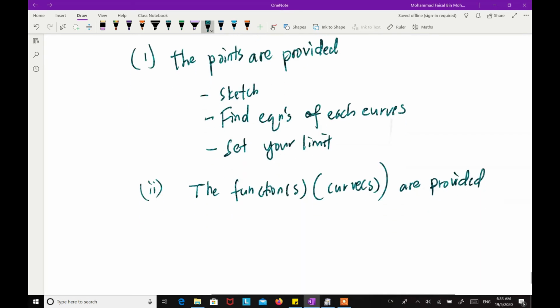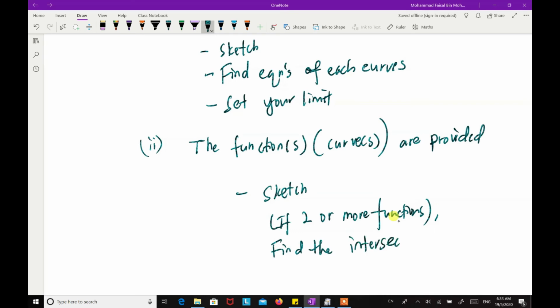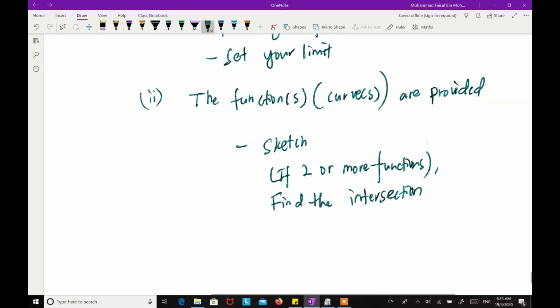So in this case, you have to sketch using the given functions. If there are two or more functions, you have to find the intersection. And then you have to set your limits for the double integral.